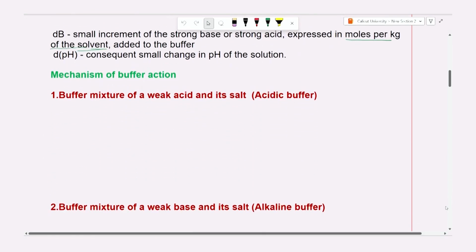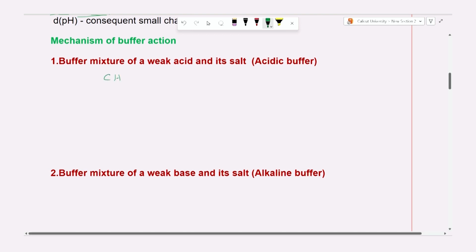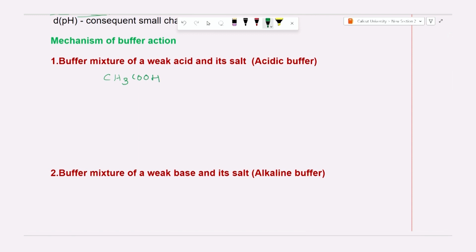Now, we have to see how the buffer resists the pH change by some sort of mechanism. Let us go into detail of that. First, I am going to consider an acid buffer, which is a mixture of a weak acid, for example acetic acid, and its salt, CH3COONa.